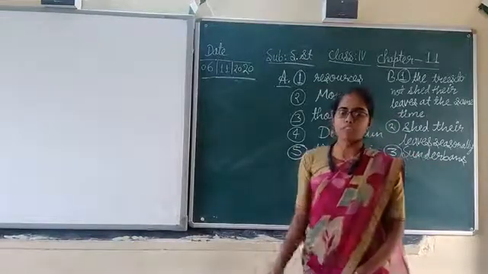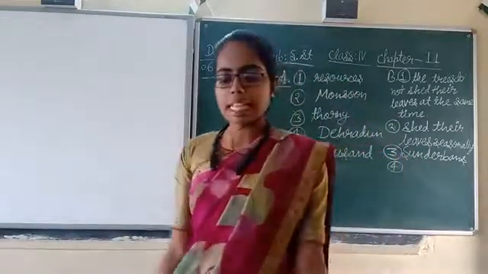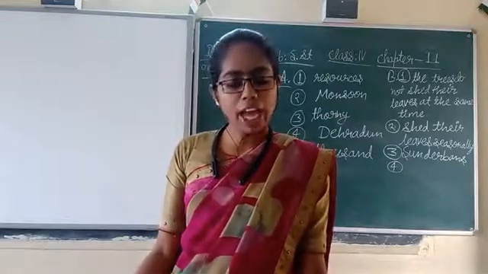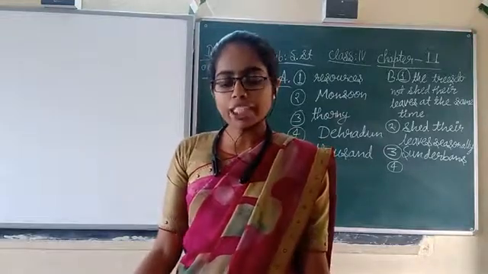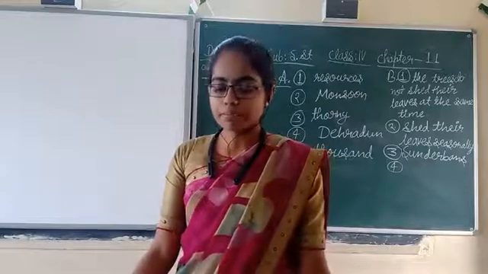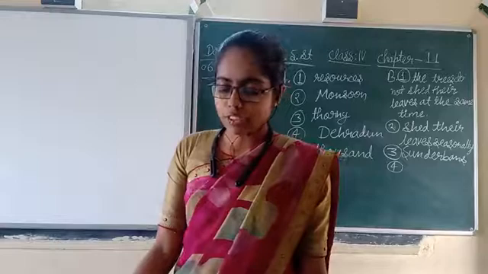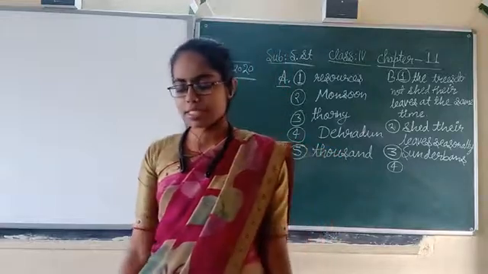Now, question number 4. National parks provide wild animals and birds dash. We have 3 options: plenty of food but no freedom, natural environment to live and grow, security from attack of other animals.